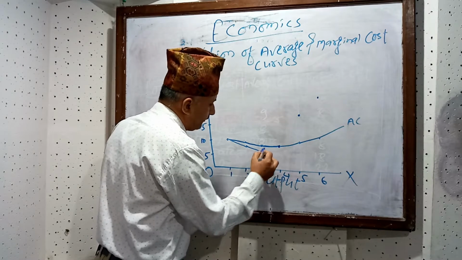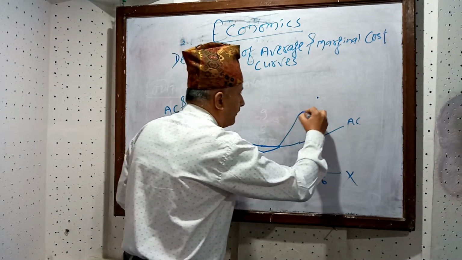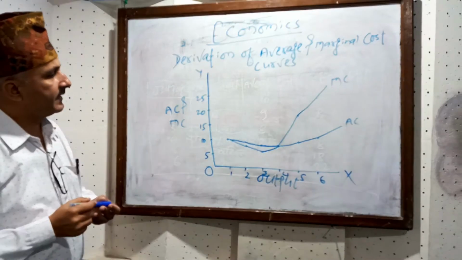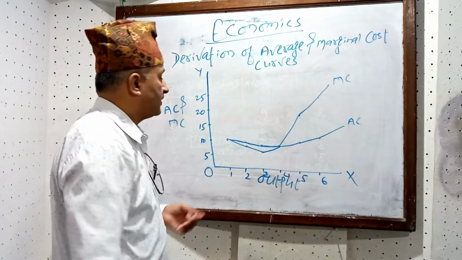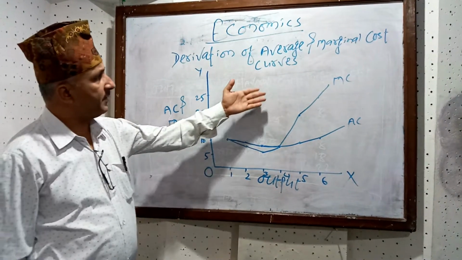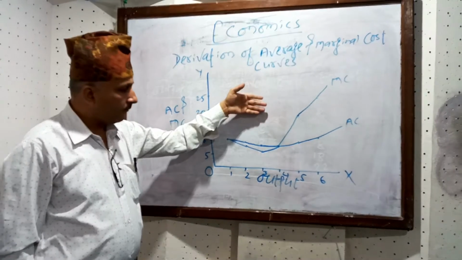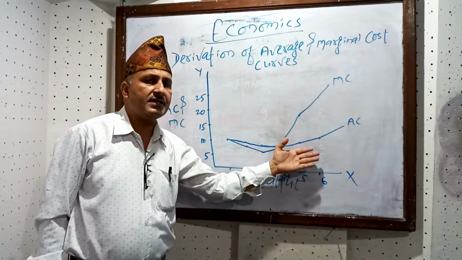You may also do it freehand. Look here. This is MC. In this way we can derive the marginal cost curve. Now from this we can say that the relationship between the average cost curve and the marginal cost curve can also be explained with the help of this derivation of AC and MC.